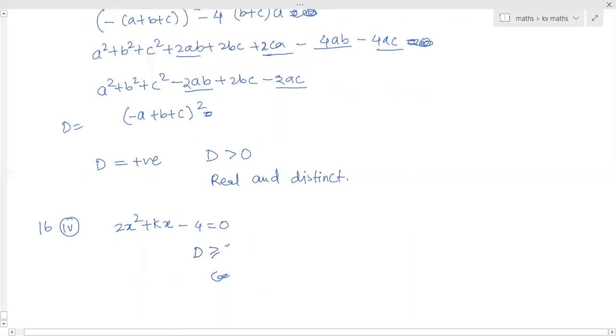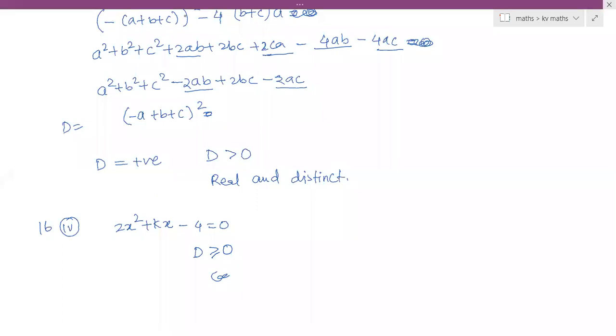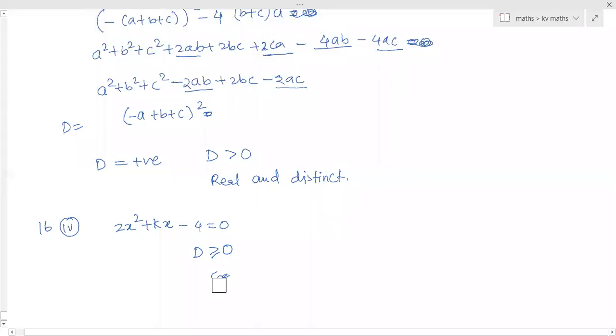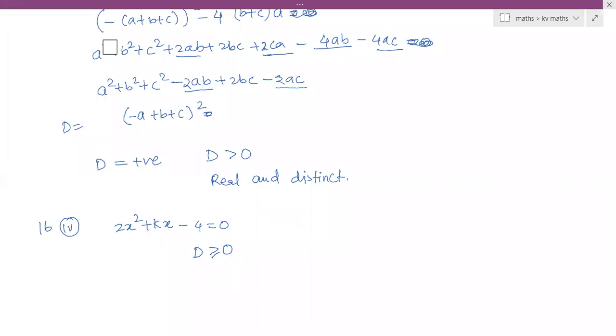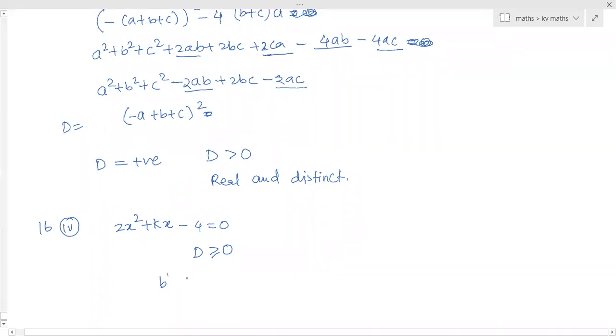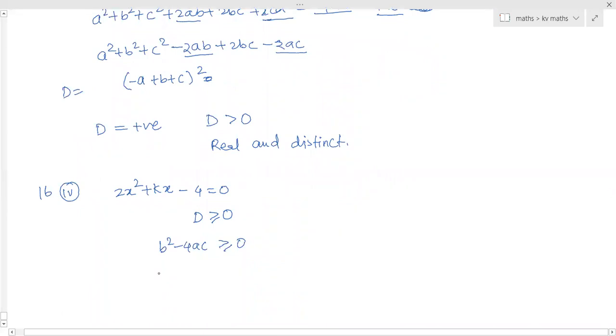So D is greater than or equal to 0. So that means b square minus 4ac is greater than or equal to 0. So b square means k square minus 4 into 2 into minus 4 greater than or equal to 0.